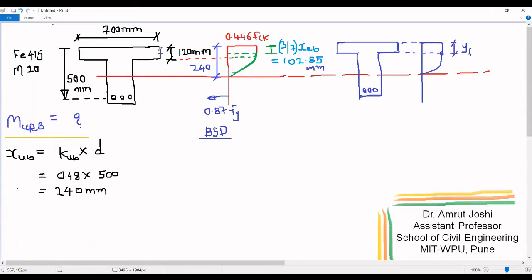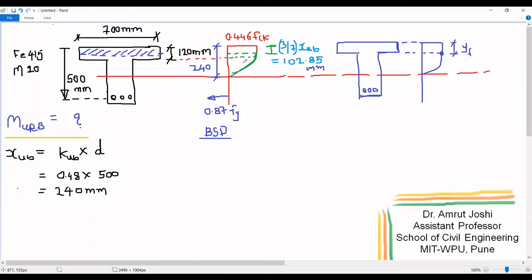The value of stress is 0.446 FCK up to this level, which is at 102.85, but then the parabolic variation of stress starts. So on the remaining portion of the flange, the stress is reducing below 0.446 FCK.